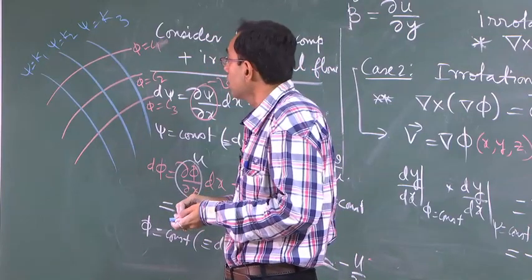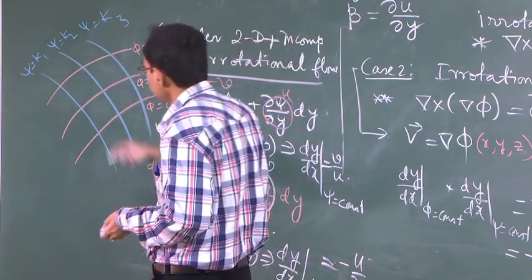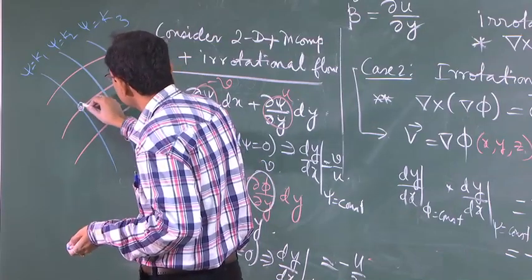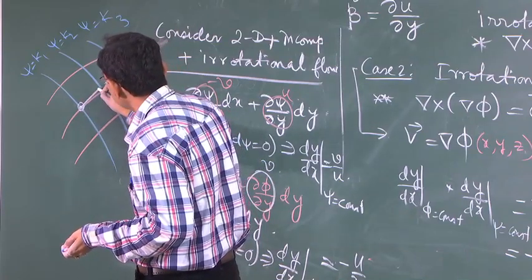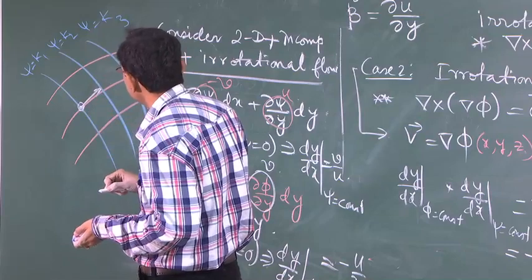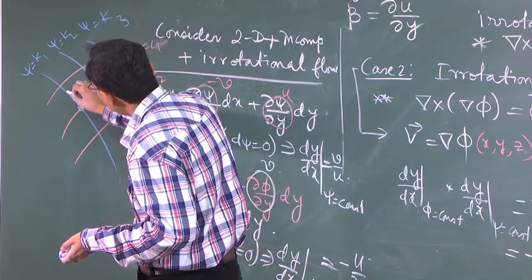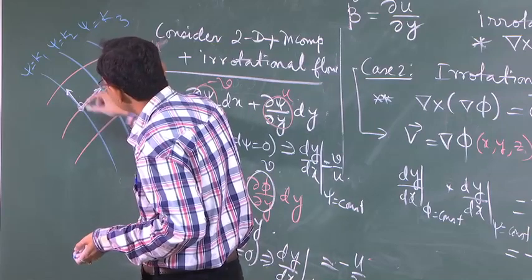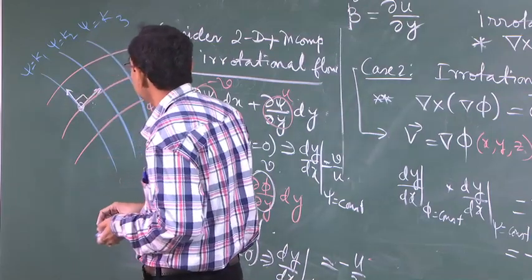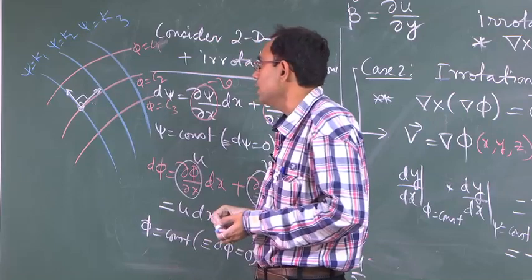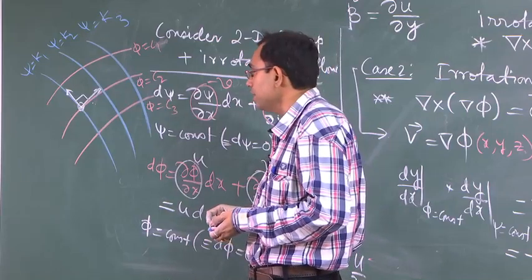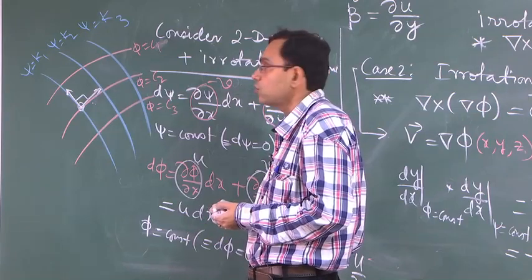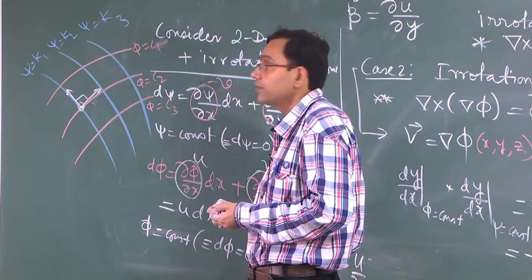Then if you find a common point of intersection, dy dx essentially means the slope of the tangent. So, you draw the tangents, and because the product of the slopes is minus 1, that means the tangents are perpendicular to each other. That means they are called an orthogonal set of lines, that their common tangents are perpendicular to each other.